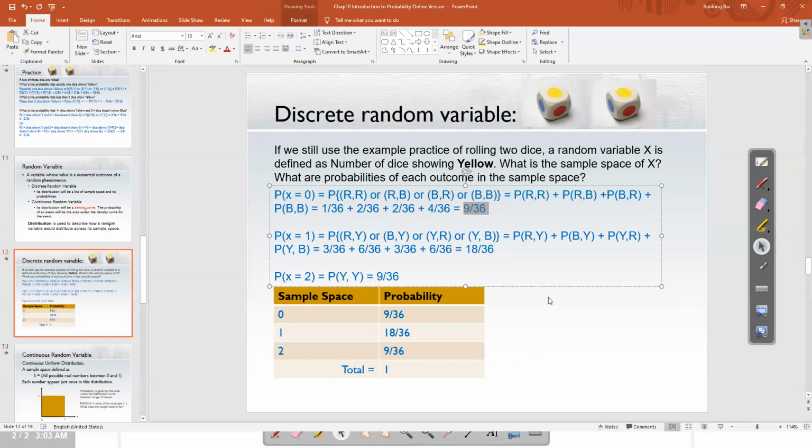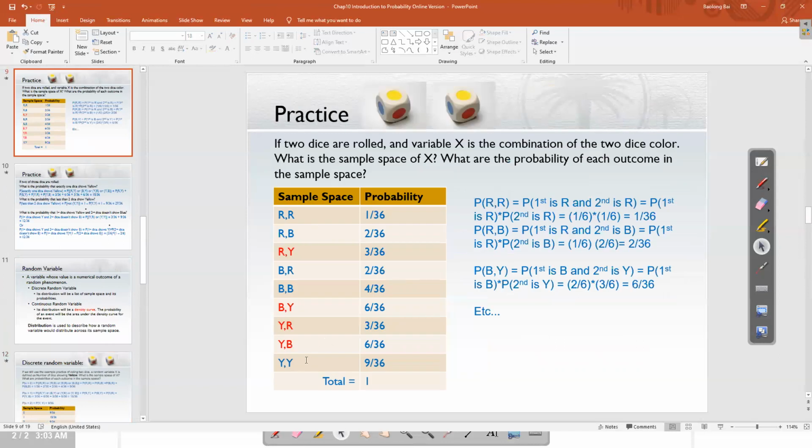out of 36. And the probability of x equal to 1 will be either red, yellow, or blue, yellow, or yellow, red, or yellow, blue, right? That has 1 yellow die. So you add all the probabilities up, it's 18 out of 36. And the probability of x equal to 2, it has to be yellow, yellow, right? That's the only outcome to give you 2 yellow dice.